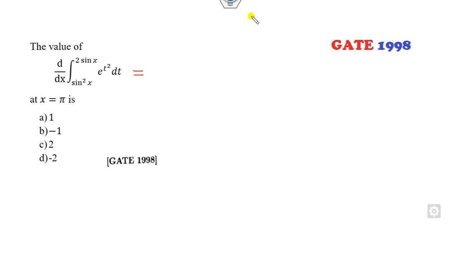Okay, how can you take the derivative of them? Again, I can substitute this value, it is e to the power of 4 sin square x, derivative of this is 2 cos x, minus, substitute the lower limit, it is sine of 4x, derivative of sine is 2 sine x cos x. Now this is the value of the derivative.